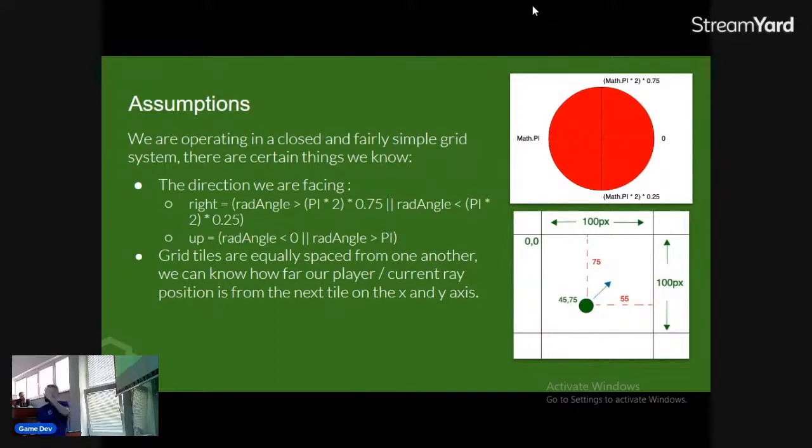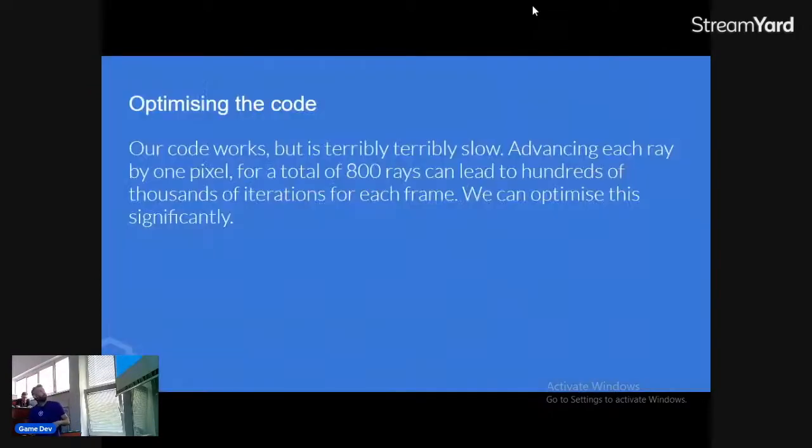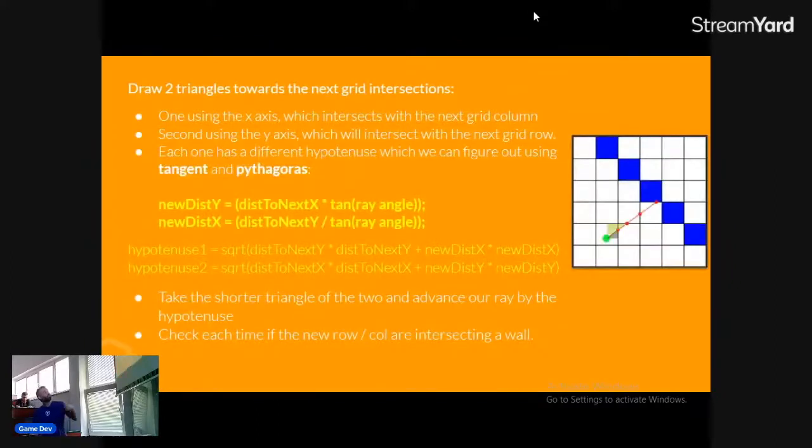And what we need is the other axis to either intersect with the vertical rows or the horizontal rows. And for that, we use the tangent function. Okay, so we take the tangent of the angle and we either multiply it or divide it by the data that we have to get the other axis that we are currently missing. And that will allow us to know where we need to jump to.